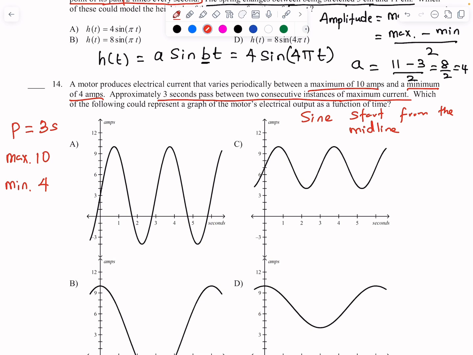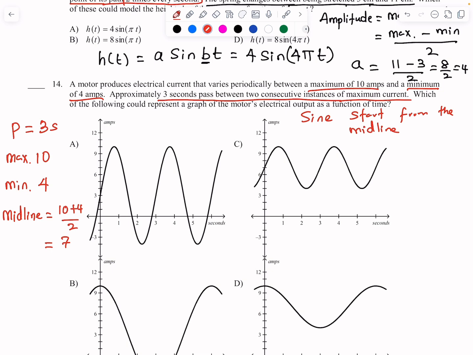So if you look at this question carefully, you have to be very careful on this question. So what I'm going to do is I'm going to find the midline, and then my midline is 10 plus 4 divided by 2, which is maximum plus minimum divided by 2, and that one is going to give me 7.